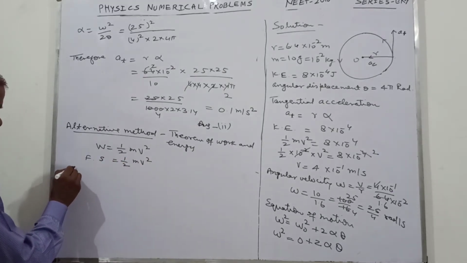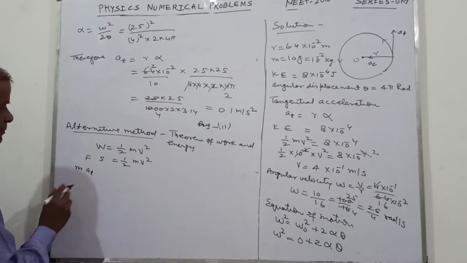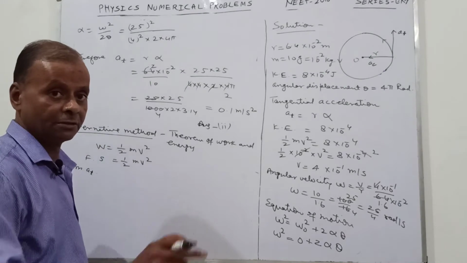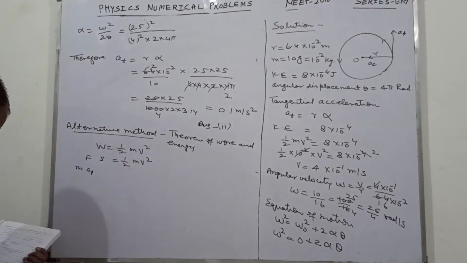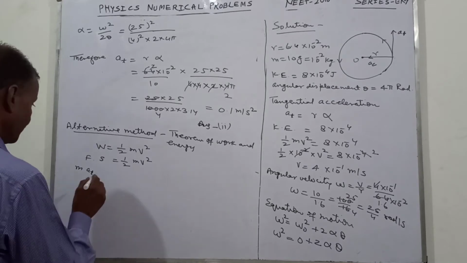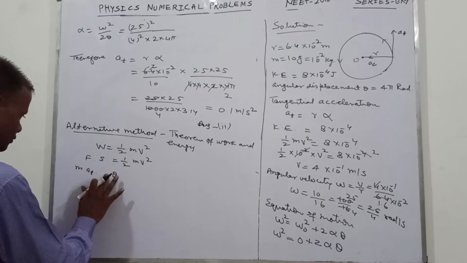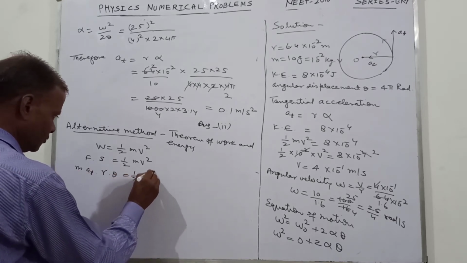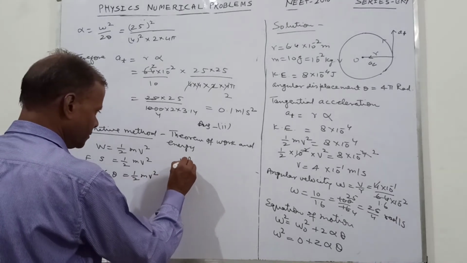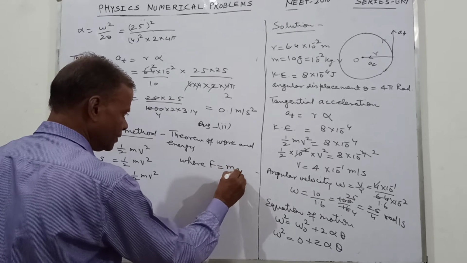So this F equal to m into at. S is the displacement, so this will be equal to R into theta. This is equal to half mv square, where F equal to m into at.